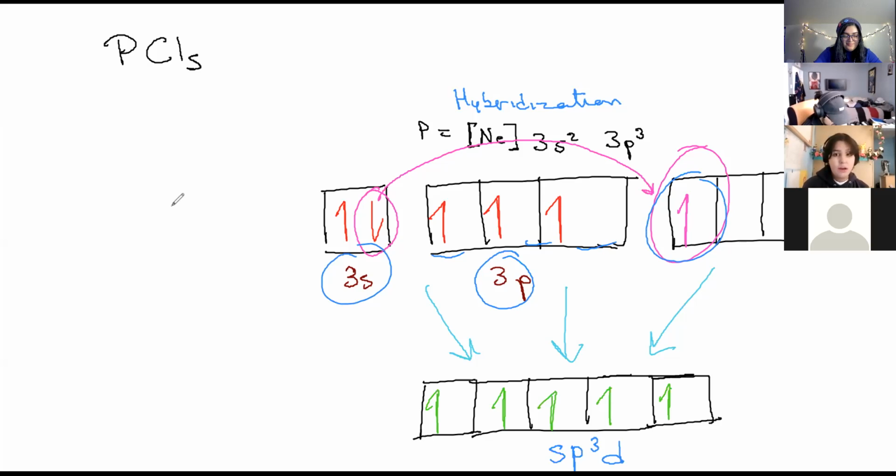So how does the molecule ultimately look if you have 1, 2, 3, 4, 5 free spaces to bond?